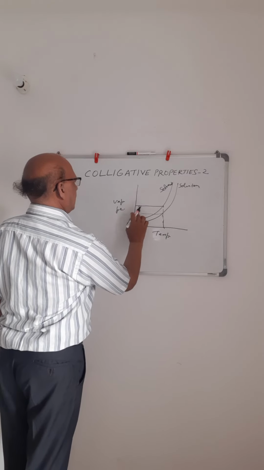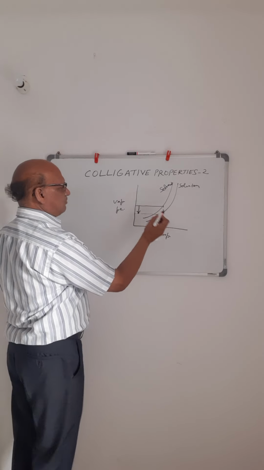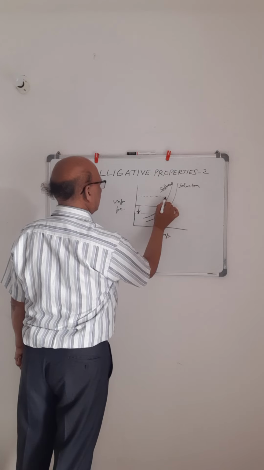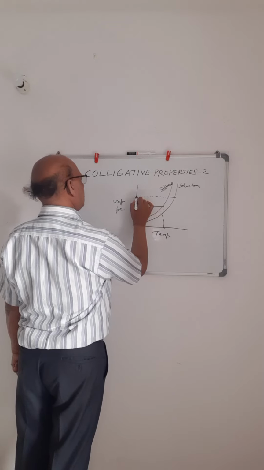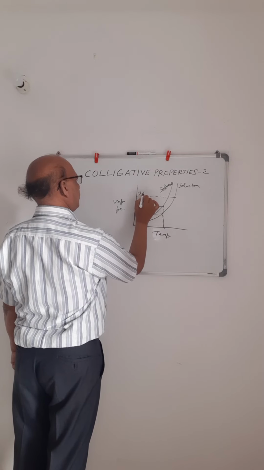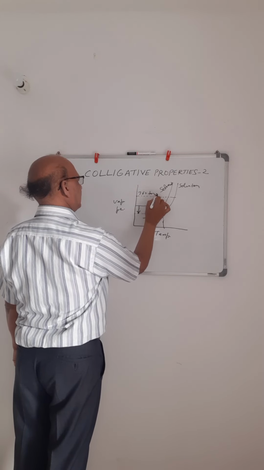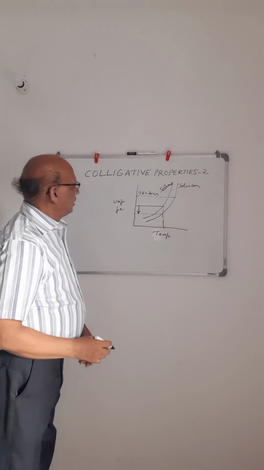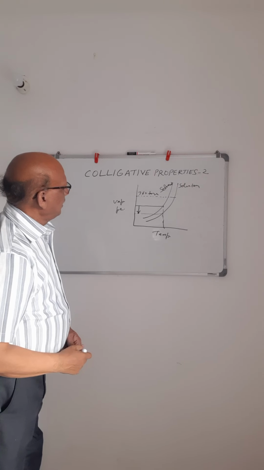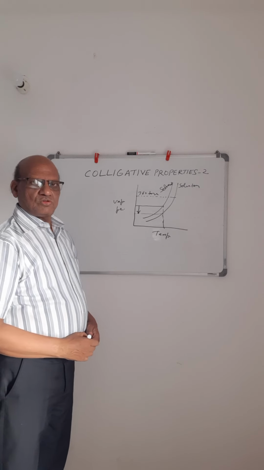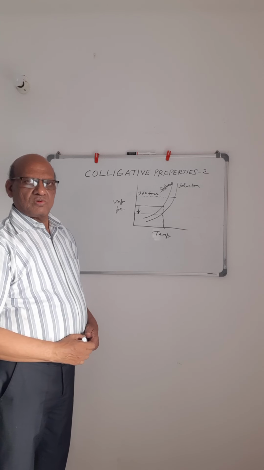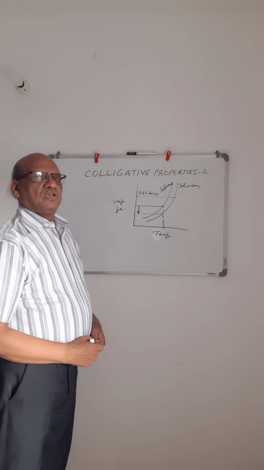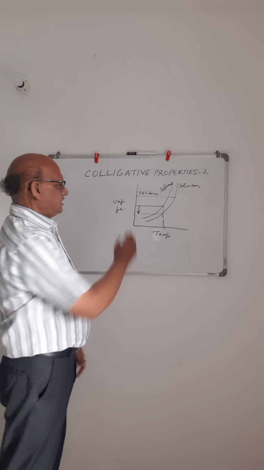Now if we see the boiling point, then I draw a line horizontally. Suppose this is 760 torr in case of water. Suppose this is the curve for water, then at 1 atmosphere the vapor pressure is 760 torr, and we know that the boiling point of water is 100 degrees Celsius at 1 atmosphere, that is at 760 torr.